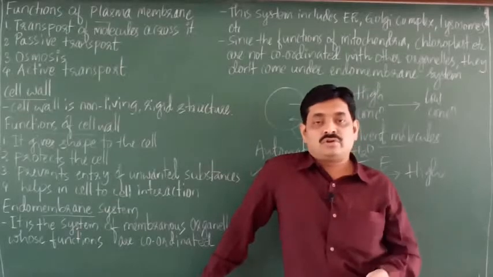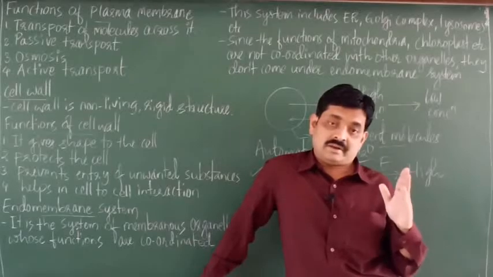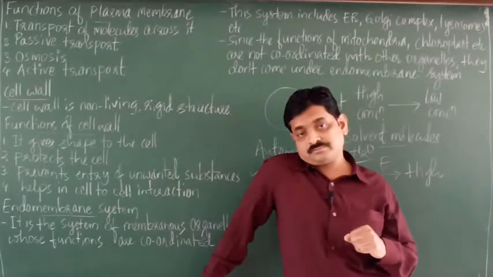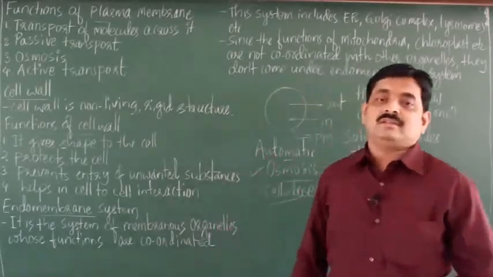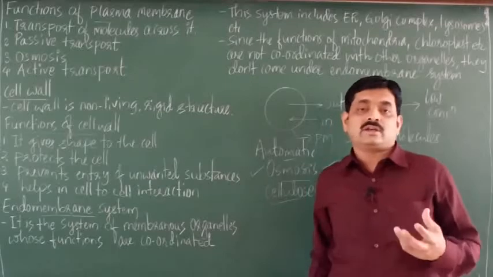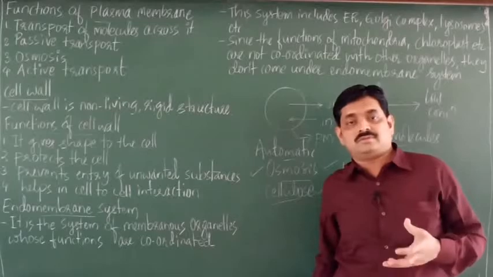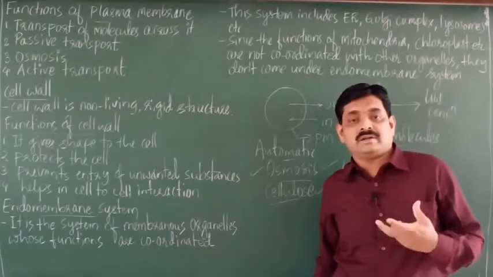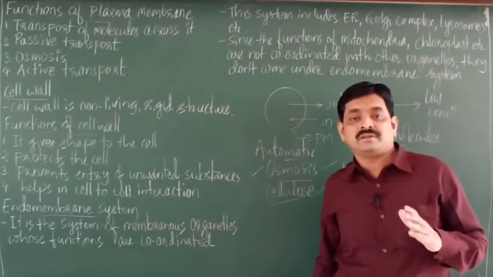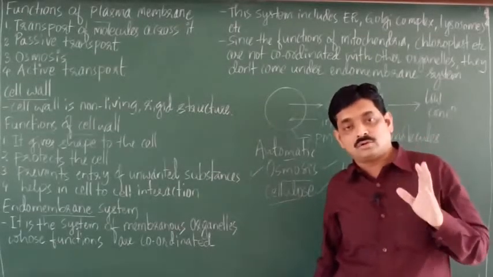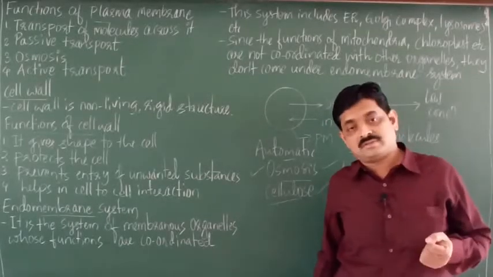They are mitochondria, right? So mitochondria doesn't come under the endomembrane system. Even the chloroplast is also not included under the endomembrane system. So these are some exceptions to the endomembrane system. Mitochondria and chloroplast are not included because their functions are not coordinated with other cell organelles. So that is about the endomembrane system.